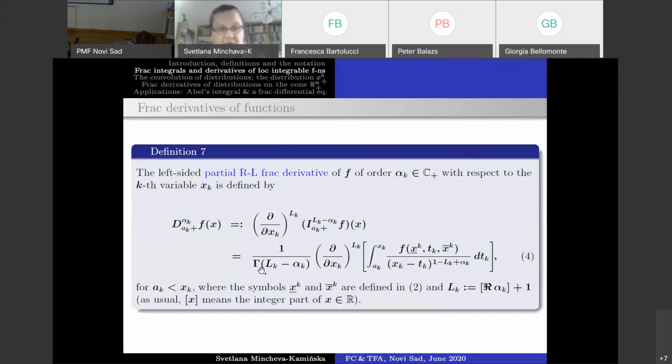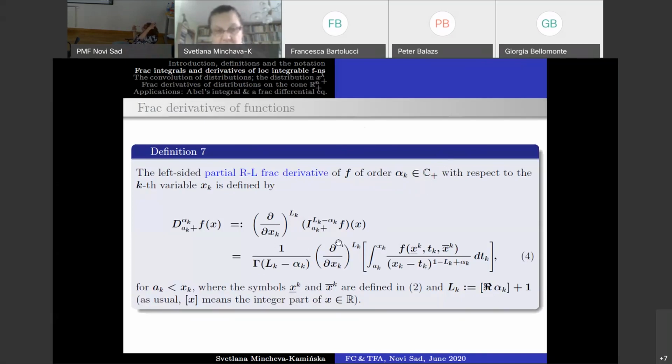And here we have formula 4 of the partial Riemann-Liouville fractional derivative of function of arbitrary complex order in case when the real part of these complex numbers in C have a non-negative real part.